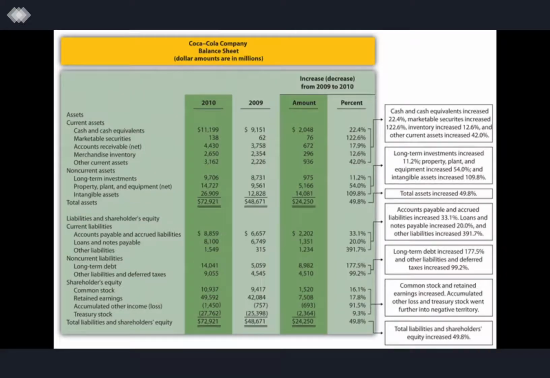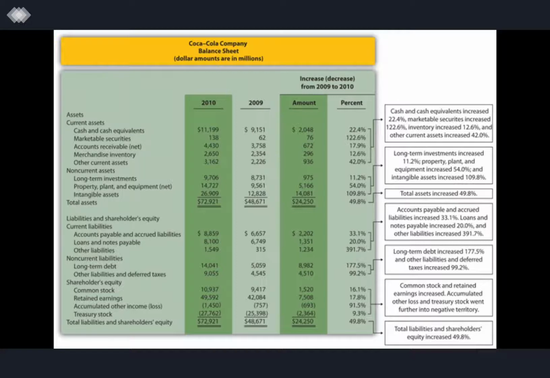And then our trend analysis, looking at this balance sheet for Coca-Cola. Once again, it's only 2 years. Trend analysis usually spans multiple years, because over a year you can lose a lot, you can gain a lot. So there's not a lot of good information coming from only a 1 year jump from 2009 to 2010.